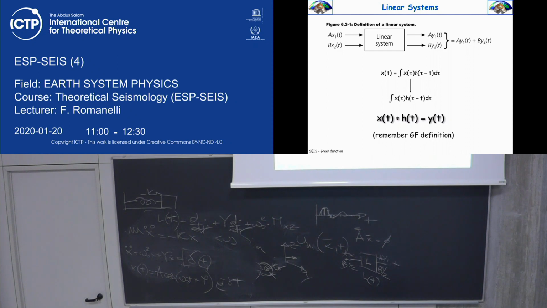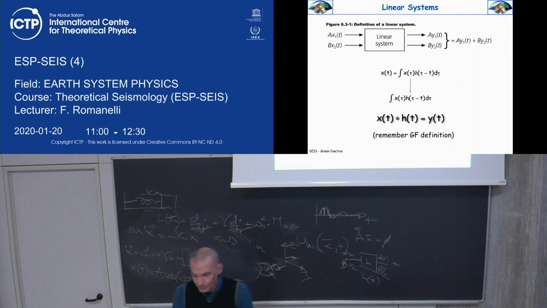Now, when you enter with delta, you will get out with h. So this input will cause that output. But this is nothing else than the convolution of the input times the impulse response. And that's the general solution. Everything is due to linearity.